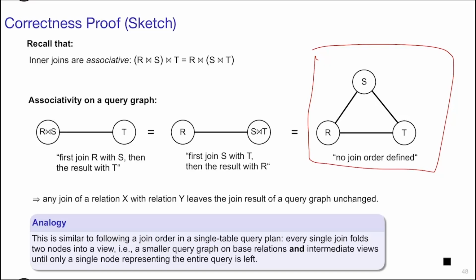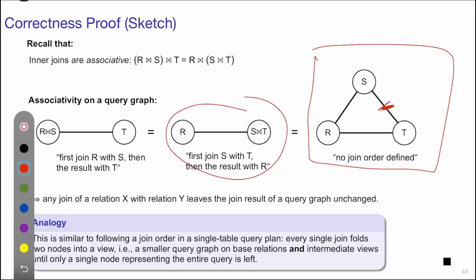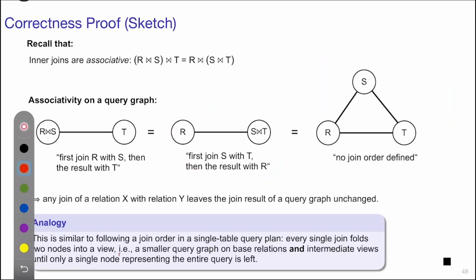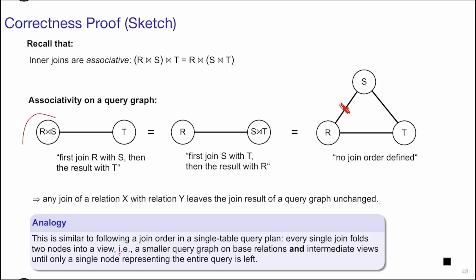So what do you do? You pick a join order. And picking a join order actually means you pick an edge from the graph. You say, this is the edge I'm now looking at. Yeah, so here I know I'm going to pick this edge. If I pick this edge, I end up with this in the middle. Yeah? If alternatively, I picked this edge, yeah, I would end up with something like that.